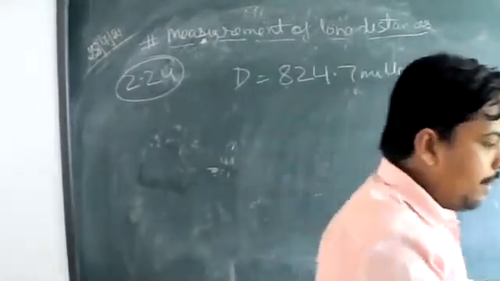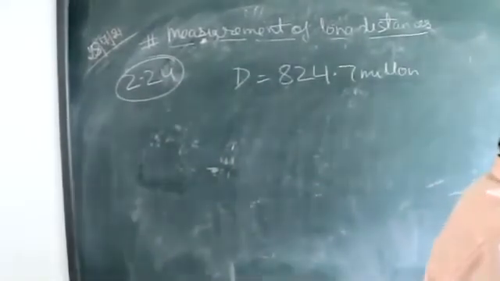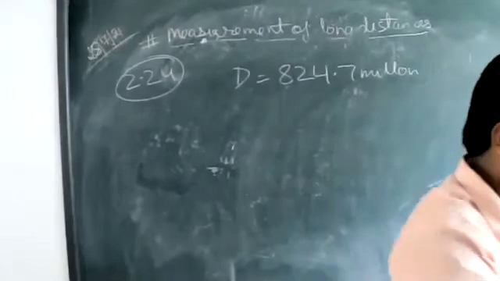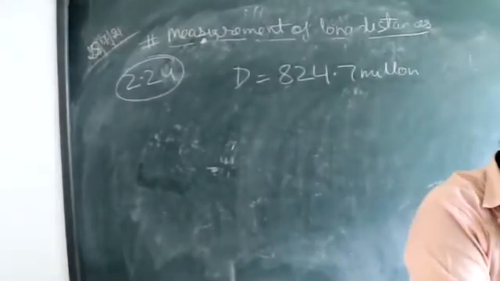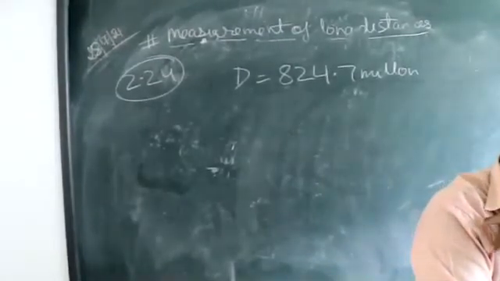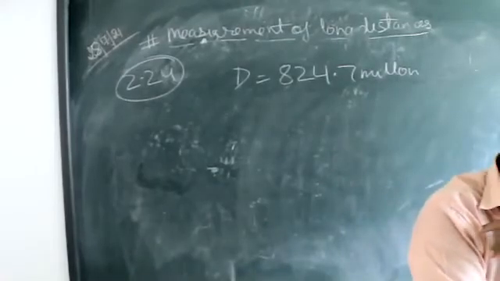And what else is given? This is the distance from the Earth. Its angular diameter is measured to be 35.72 seconds.